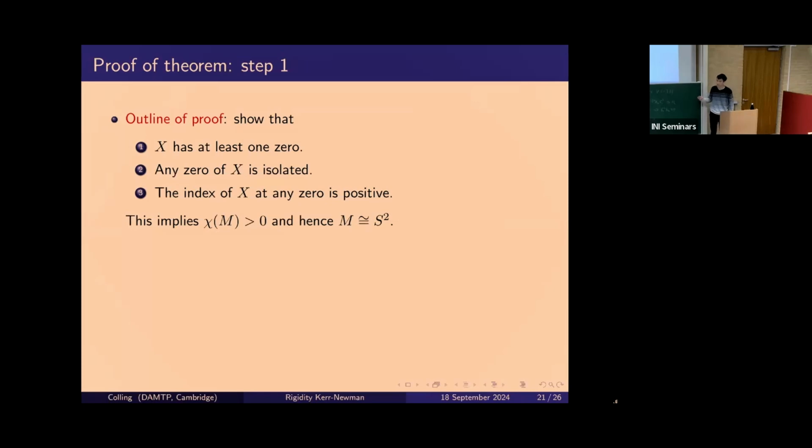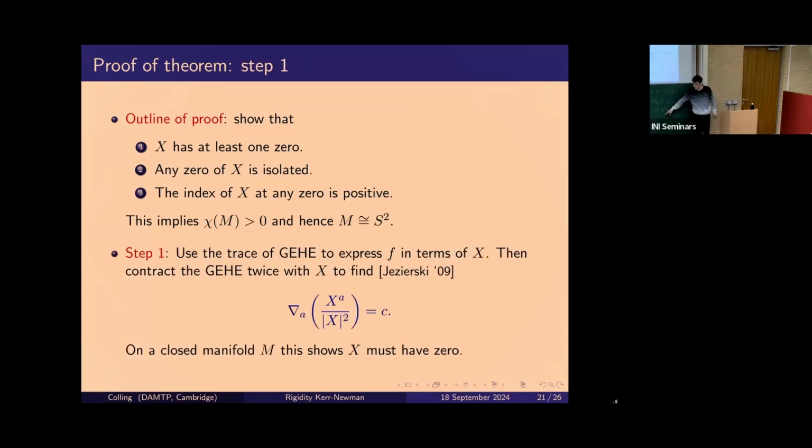So I'll start with the simplest step, which is step 1. What we do is we take the trace of this equation to express f in terms of x, and then we contract the equation twice with x to get some equation involving only x. And you can write this equation in the following form. So the divergence of x over the norm squared of x is some non-zero constant.